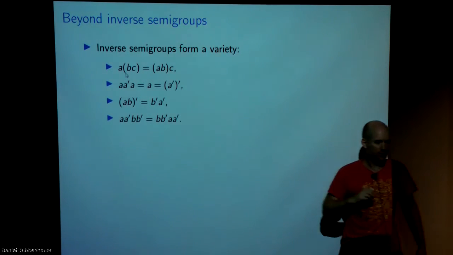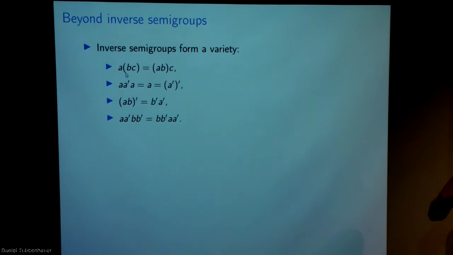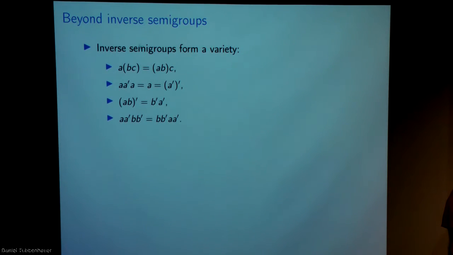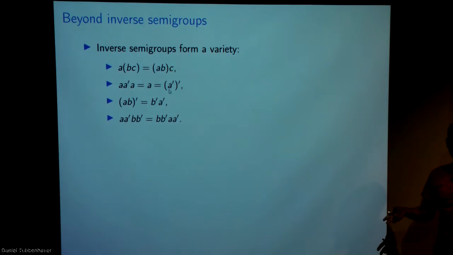So that means semigroups form a variety, not an algebraic variety, but a variety in the universal algebra sense. It turns out that inverse semigroups, if you think of them as an algebra that has a binary operation and a unary operation, should satisfy A dash A equals A, because that's just one of the meanings of being an inverse. It also happens that the inverse of an inverse is itself.